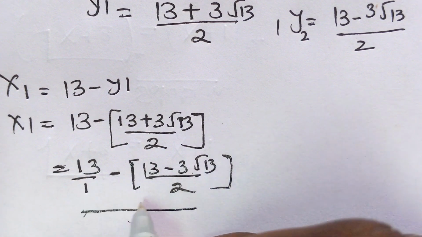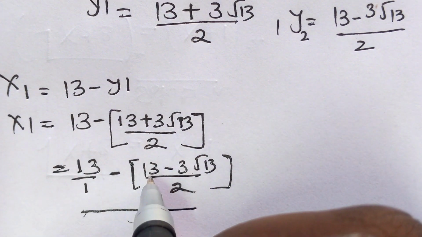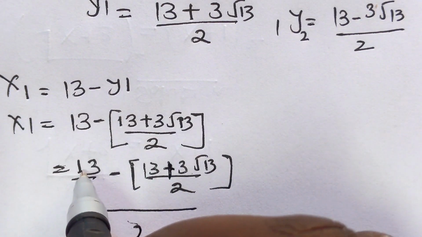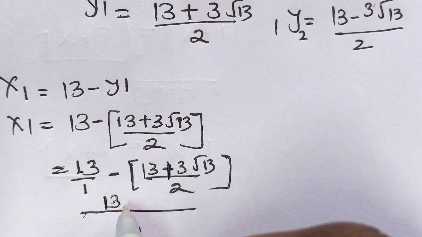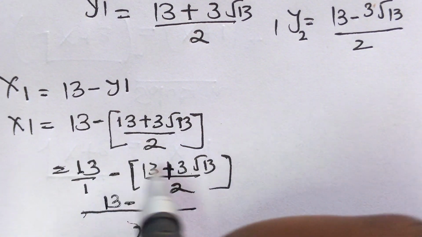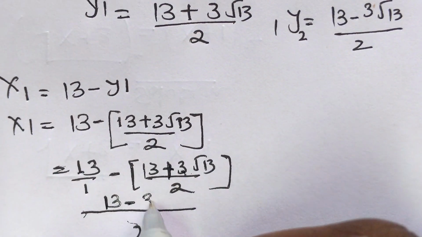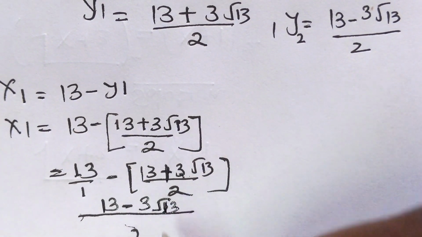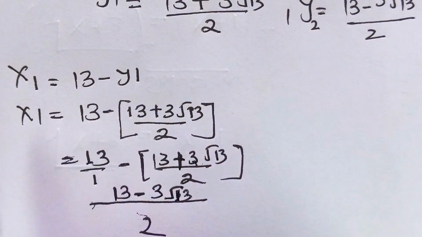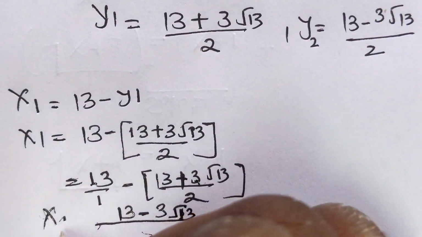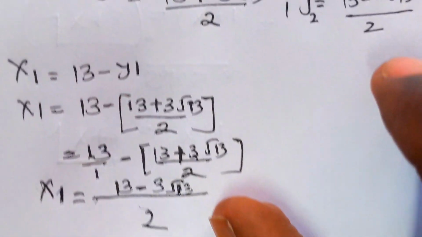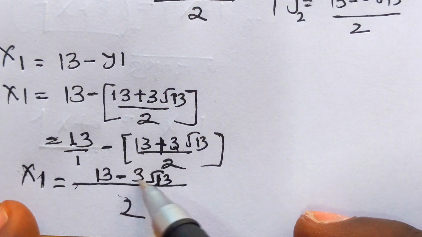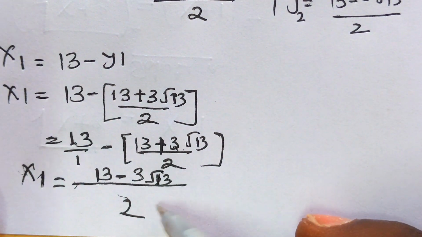We have 26 minus 13, that is 13, then minus 3 square root of 13, since the negative multiplies inside. And this is x1, which is equal to 13 minus 3 square root of 13 over 2.